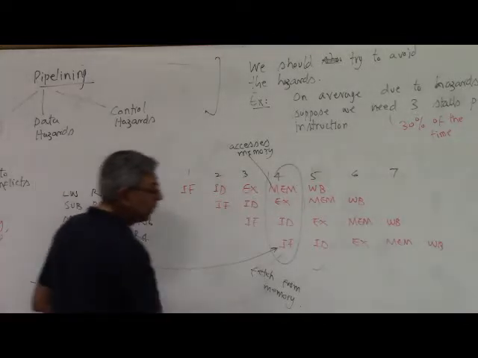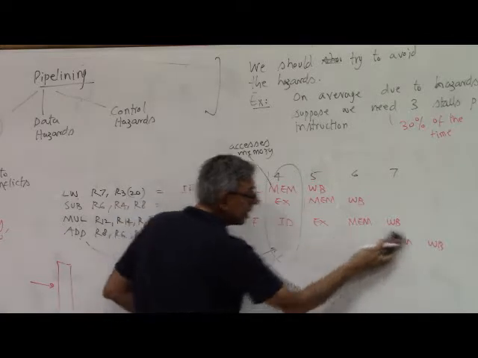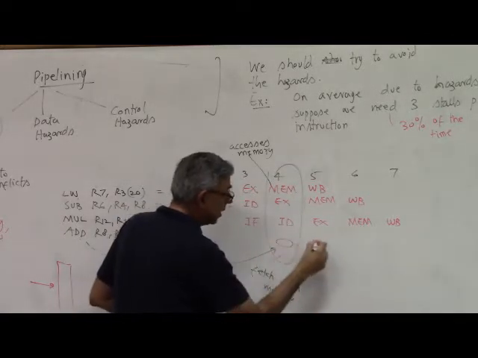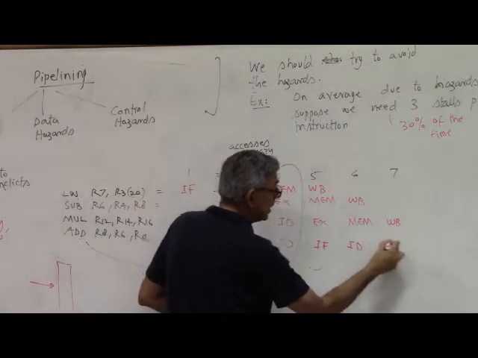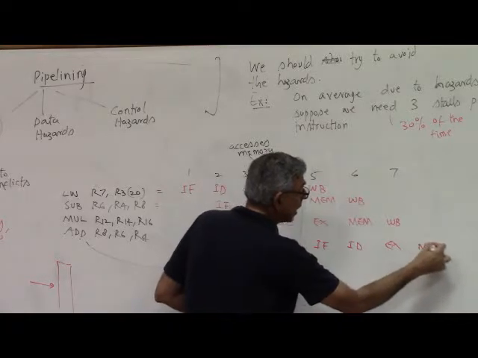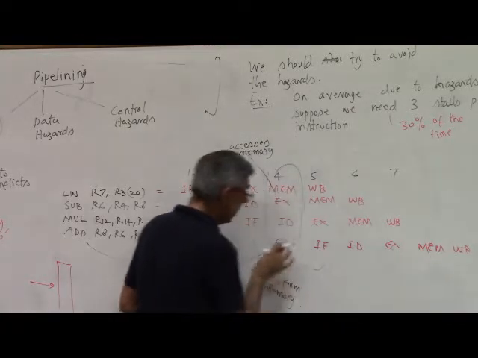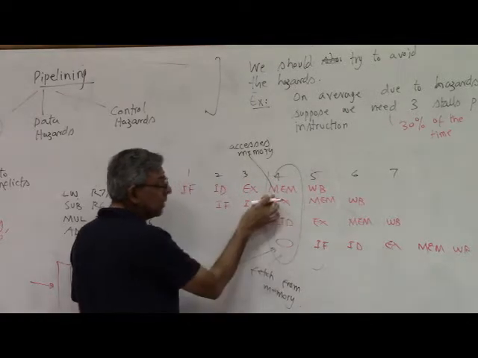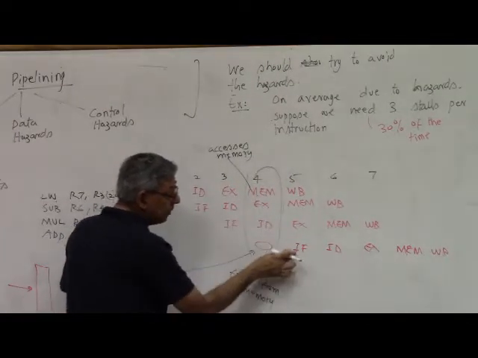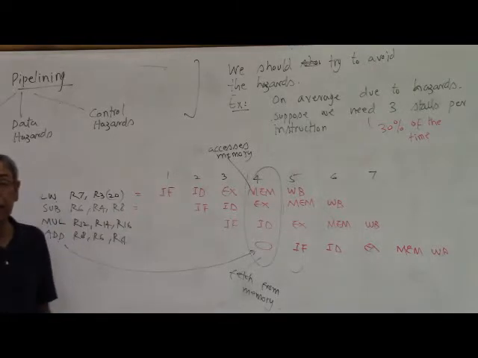One possibility would be to delay this instruction, put a stall over here. IF, ID, EX, mem, and write back. Meaning don't try to fetch it, because let this finish the memory, then we'll try to fetch it in the next clock cycle, right?